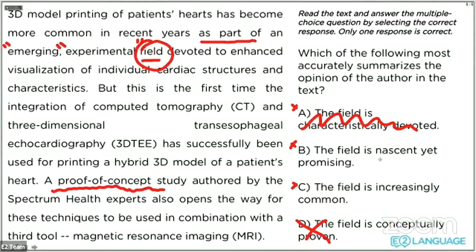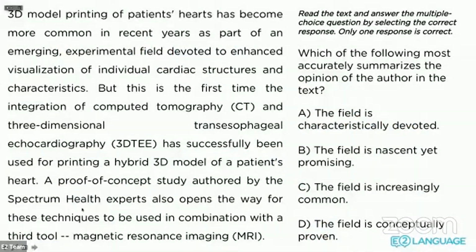Emerging, nascent, experimental field. What about promising? So this means experimental. This is a synonym. Oh, sorry, emerging. This is a synonym. So now we're looking for something about it being promising. Well, it's been successfully used. To cut a long story short, the answer is B.